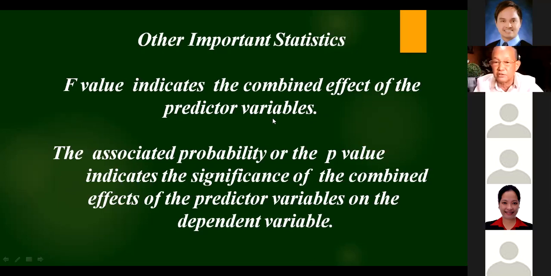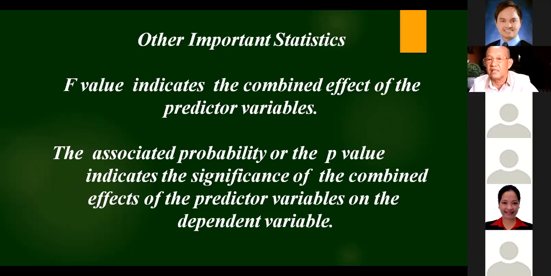In other words, to summarize, the B and the beta coefficients tell us how much effect does each independent variable contribute to the dependent variable. Stated differently, how much does each X factor contribute to the Y?